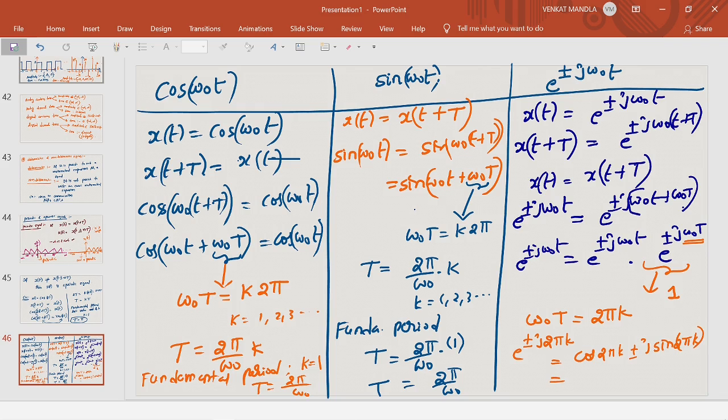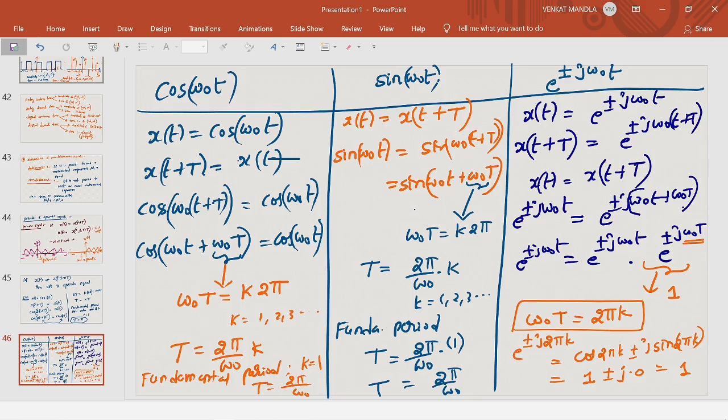What is cos 2 pi k? For k equal to 0, it is 1. For k equal to 1, cos 2 pi. For k equal to 2, cos 4 pi. So the cos 2 pi k value is 1. And plus or minus j sin 2 pi k value is 0. That is 1. So if omega naught into capital T equal to 2 pi k, then it is a periodic signal. And what is the period?